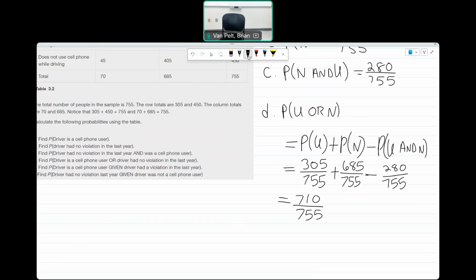So that was D, this must be part of E. The probability that they are a cell phone user, so U, given that they had a violation in the last year. What do you call it, S? Are we good?